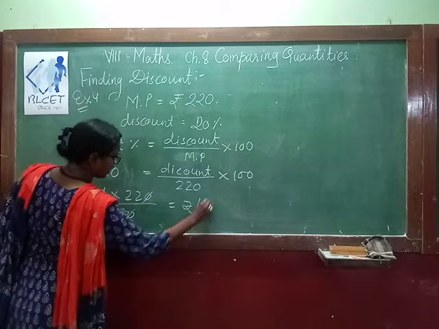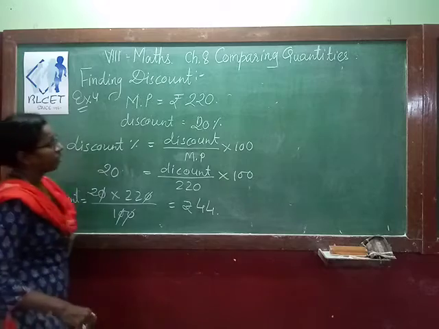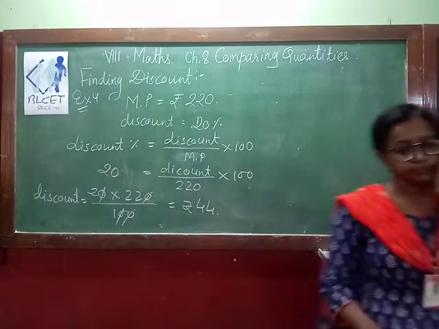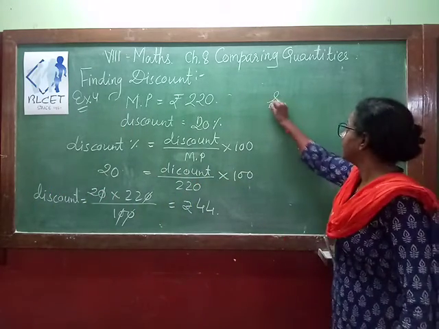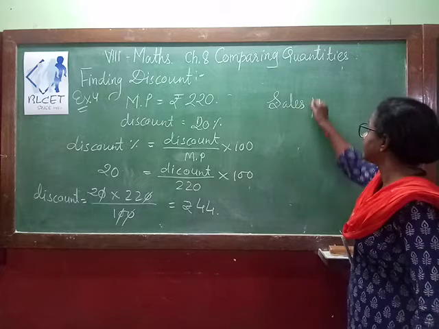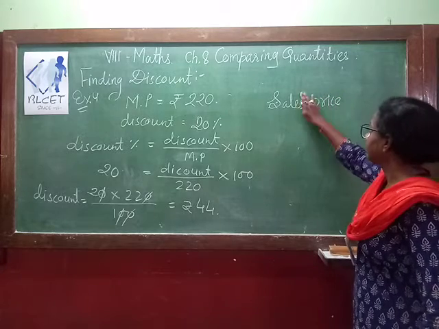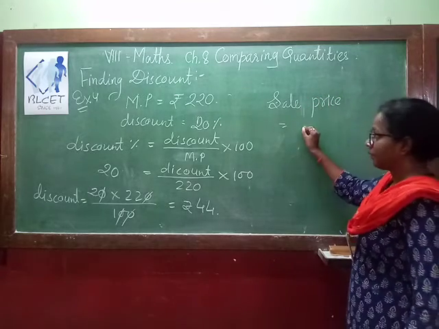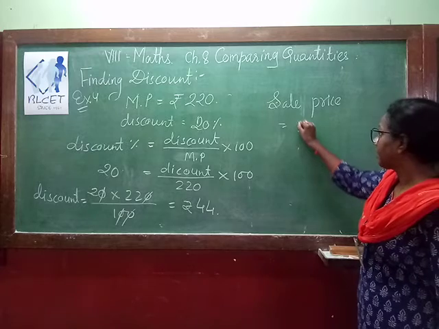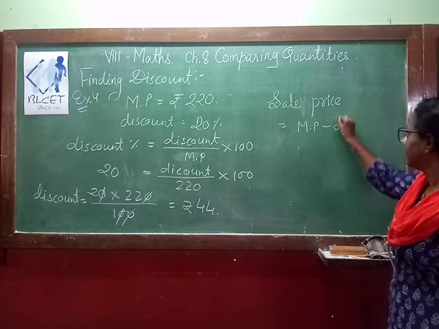Rupees 44. So what is the selling price? So selling price is equal to, or you can say sales price is equal to mark price minus discount.